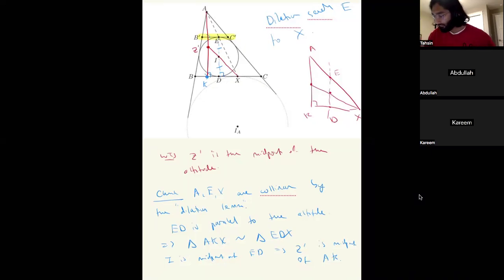I'm saying EI over ID equals AZ prime over Z prime K, right? It's some kind of standard exercise. And so it tells us Z prime is the midpoint of AK. So does it make sense?